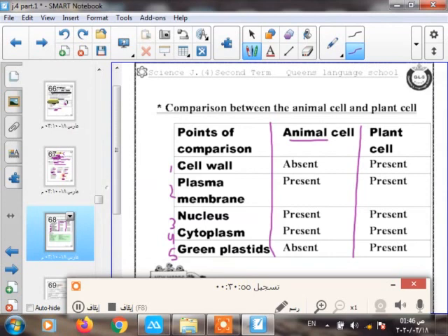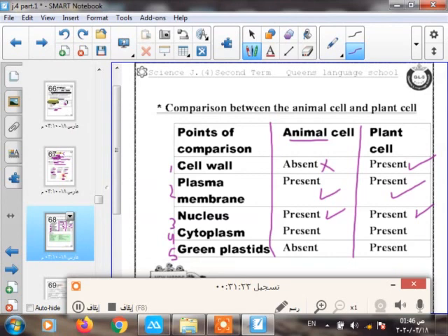No, it's absent. Does the plant cell have it? Of course it has a cell wall, so it has a definite shape. Plasma membrane is present in both. Nucleus is present in both to organize all biological operations and do cell division.